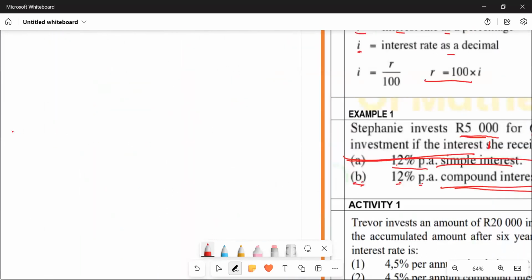And then we go to number B. On number B, it says A is going to be equal to P(1 plus I) to the power of N. Again, we know what our data is.